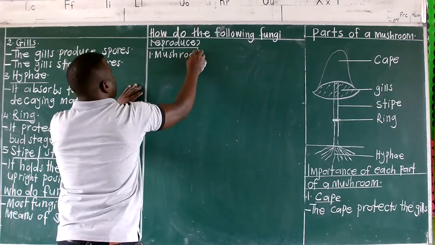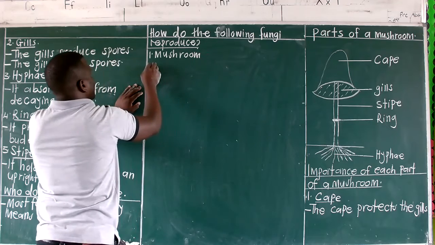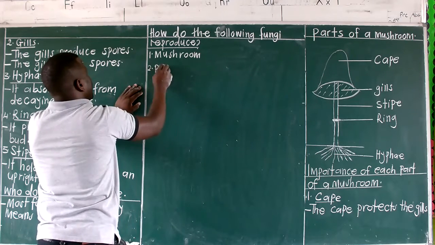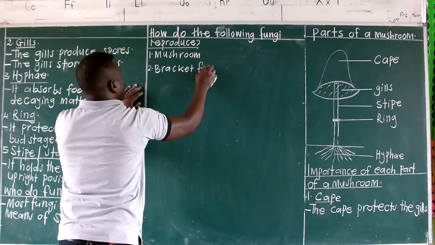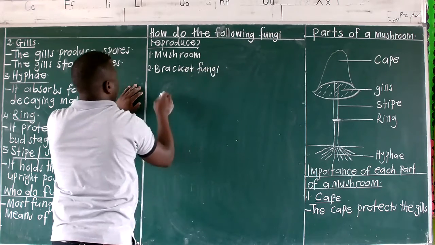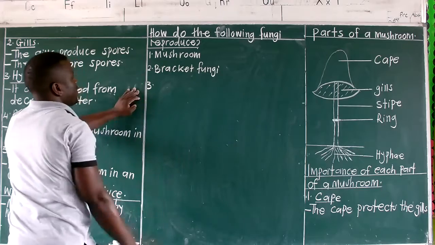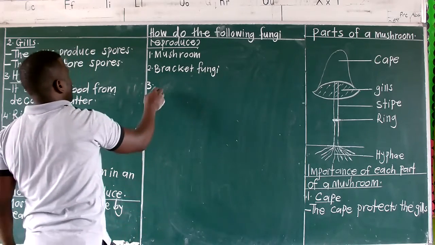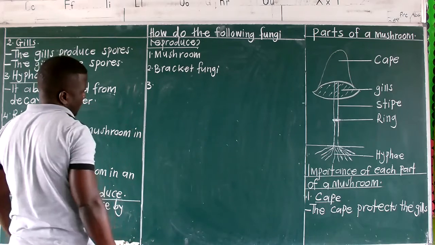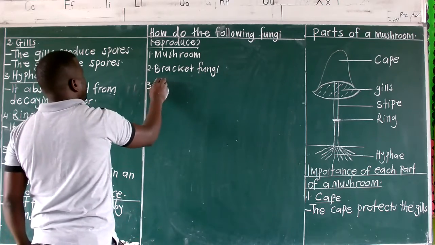You need to know how mushrooms reproduce. Number 2, we have bracket fungi. Number 3, we have puffballs.